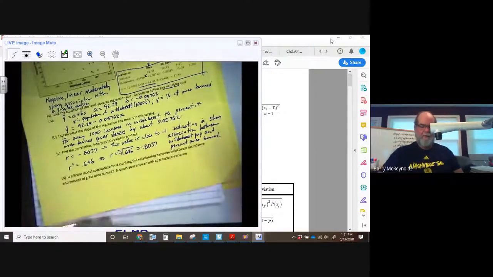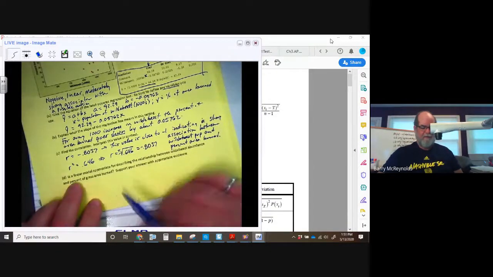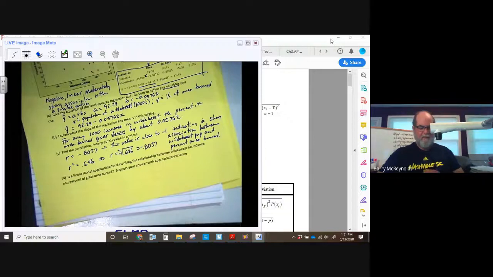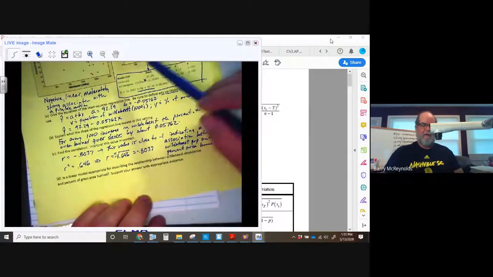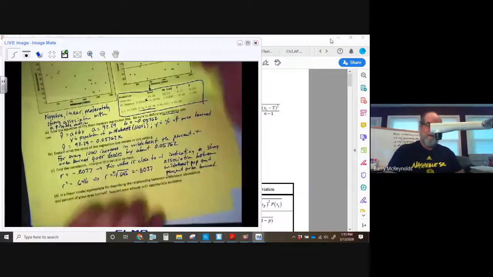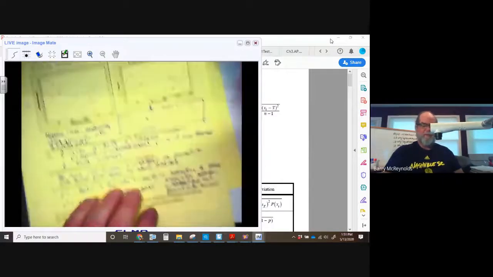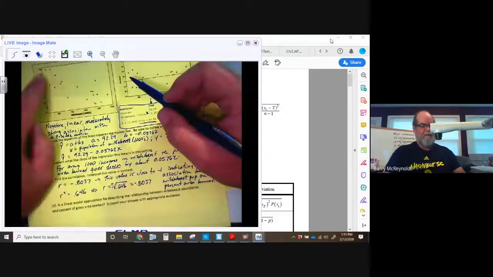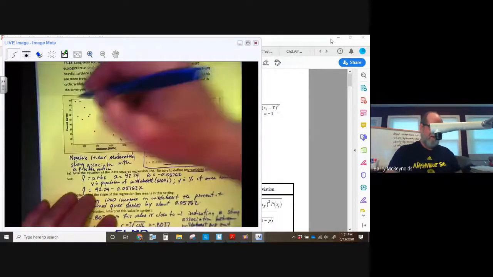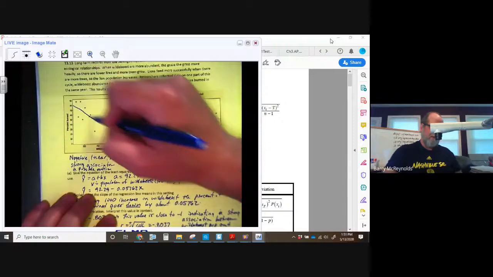And then the last question is, is a linear model appropriate for describing the relationship between wildebeest and percent? And so that's where this residual plot comes in. This is a plot of residuals versus wildebeest. And really all it does is it takes this value. Let's imagine, I'm just going to sketch in a line.